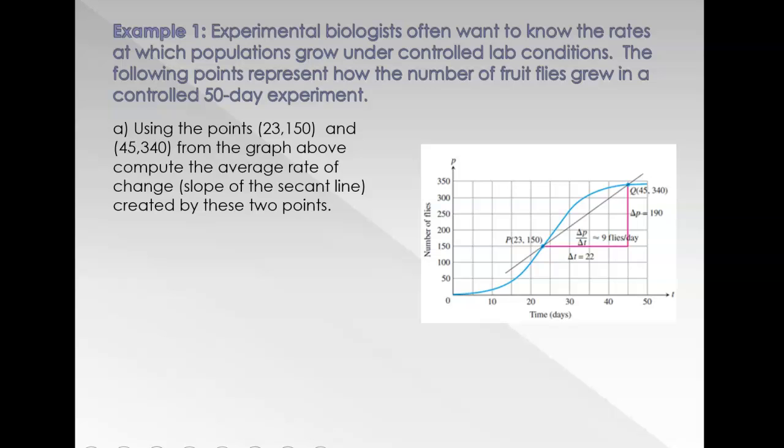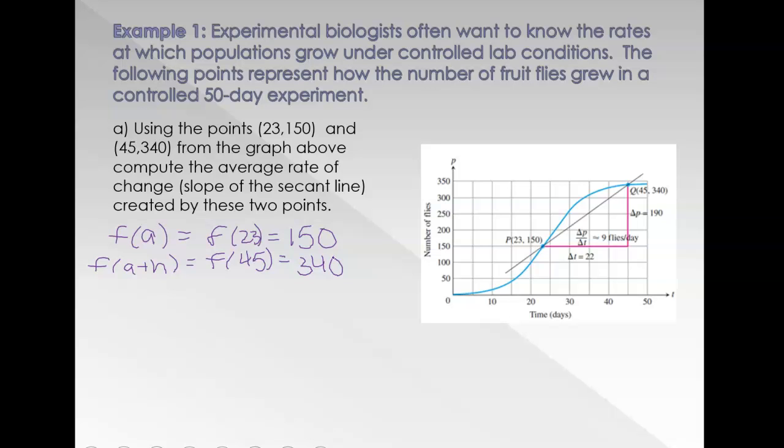So again, the idea in this case is that f of a would be represented by f of 23, and we know that that's equal to 150. The f of a plus h would be represented by f of 45, and we know that that is equal to 340. So the h value is the difference from 45 to 23.